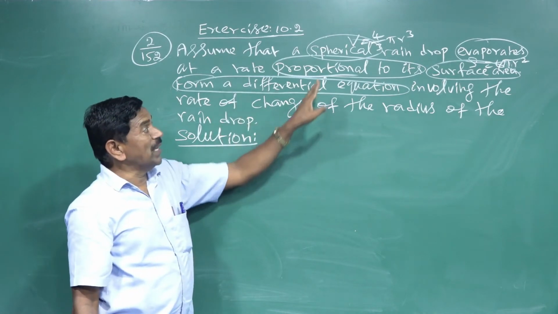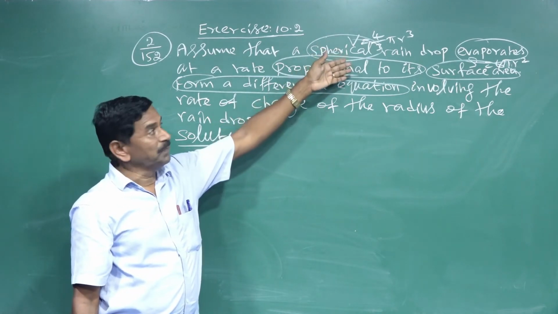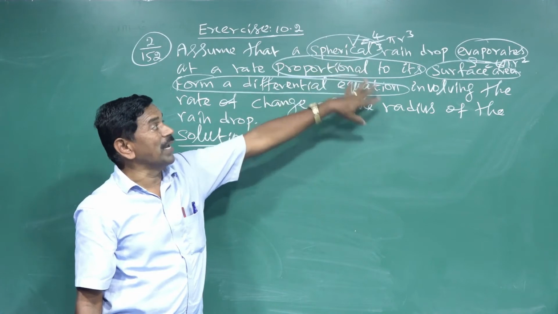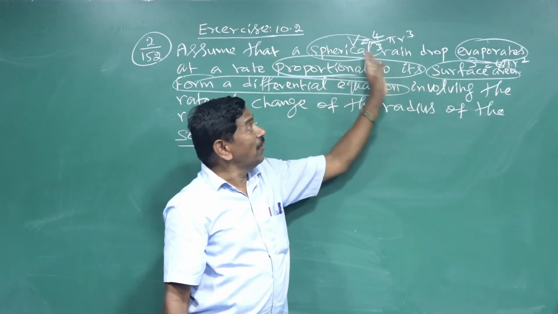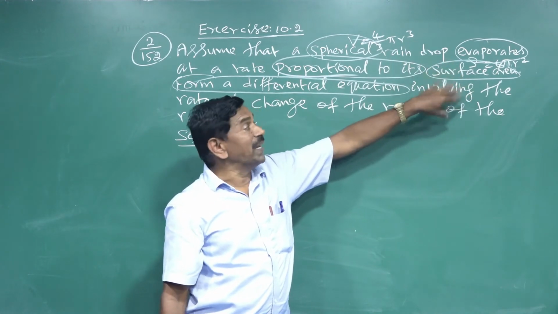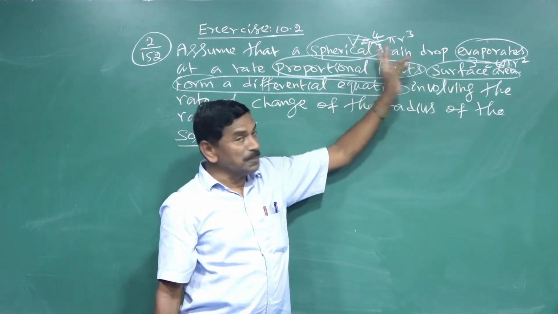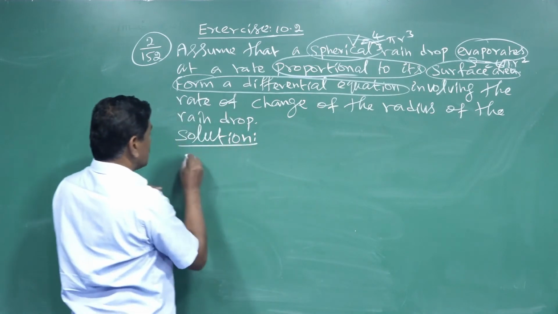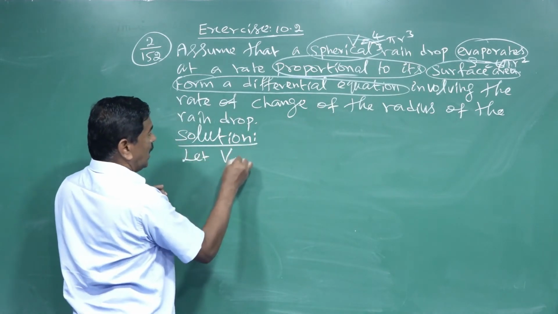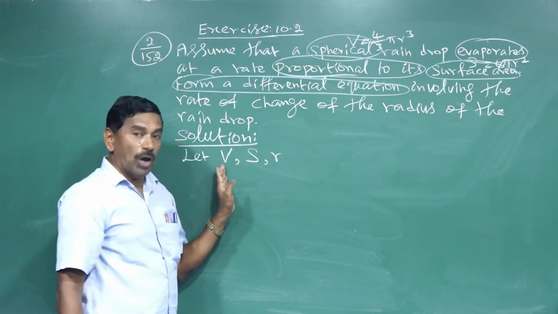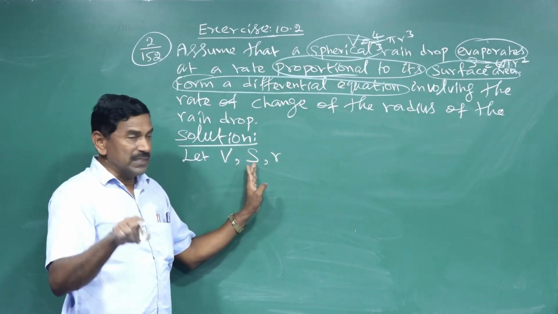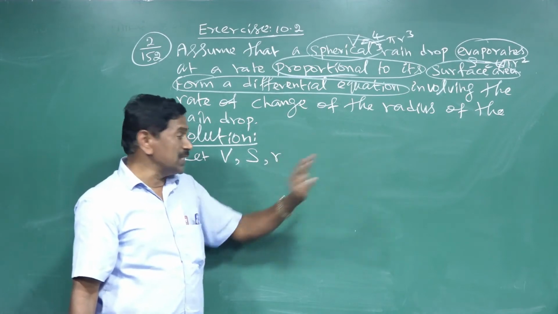Let small r be the radius of the sphere, radius of the spherical raindrop. And let V and S be the volume and the surface area of the spherical raindrop or sphere. Let V be the volume of the sphere, S be the surface area of the sphere, r be the radius of the sphere.